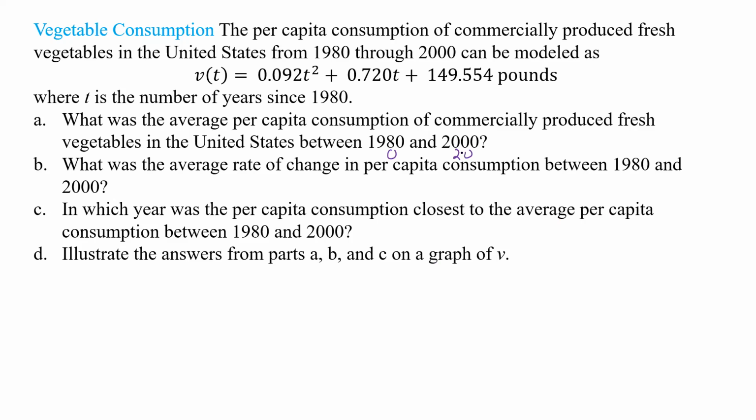So we need to know those. Okay, so that's the average per capita consumption. So A is just going to be our integral from 0 to 20 of v of t dt, and we're dividing that whole thing by 20 minus 0. Okay, so let's go check that out.